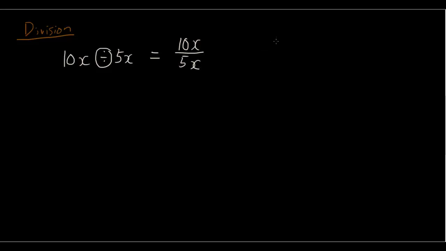Now in fractions, if you have 10 divided by 5, you can simplify them by writing each number as their factors. So 10 equals 5 times 2. 5 is just 5 times 1.